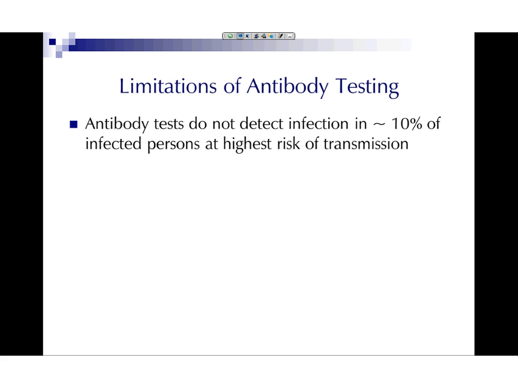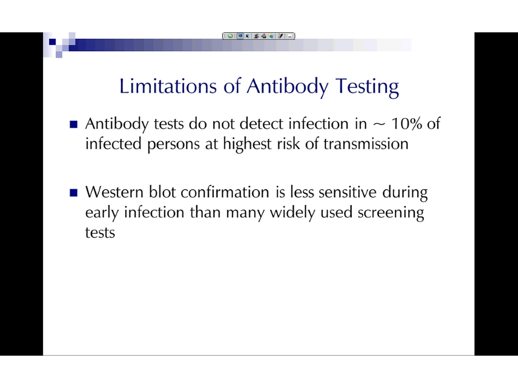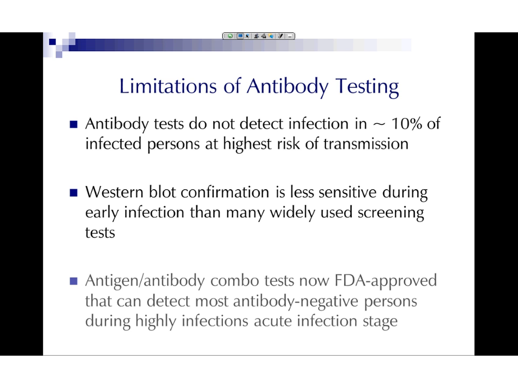So we've talked about the limitations of antibody testing in that they don't detect infection in about 10% of infected persons who are at the highest risk of transmission because of the high viral loads. The Western blot confirmation is less sensitive during early infection than most of our widely used screening tests. And the antigen antibody combination tests that are now FDA approved will make this even worse in detecting infection in antibody negative persons during the highly infectious acute stage.